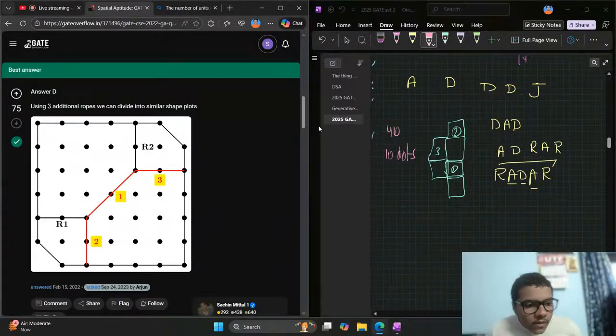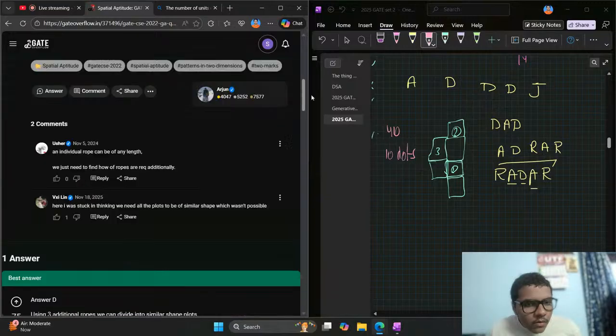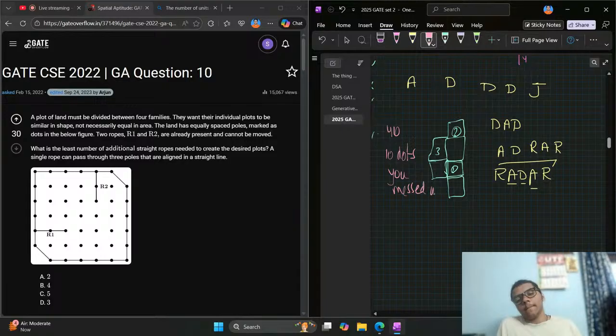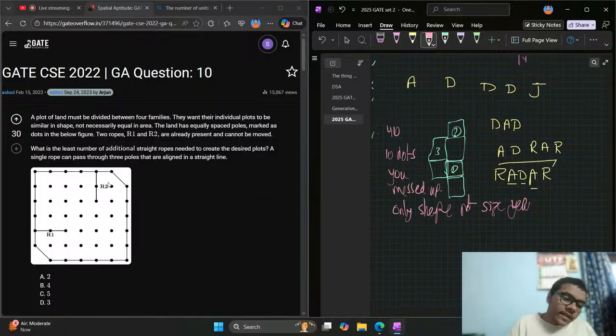Oh man. Okay, you messed up. Only shape matters, not size. Yeah, it had an edge, and if you connect it like this it will have an edge as well.